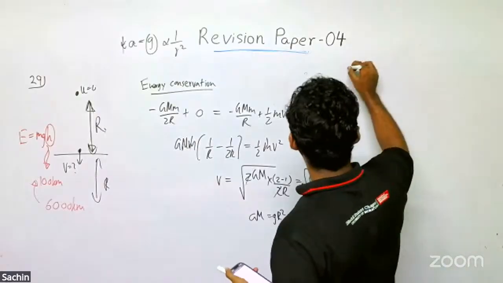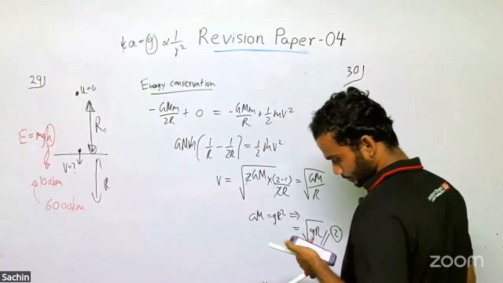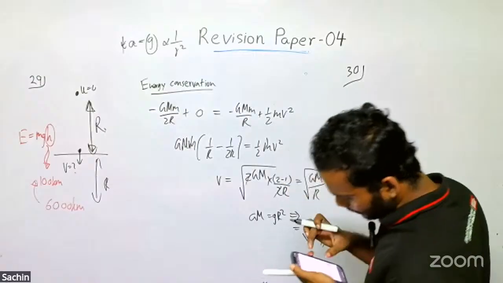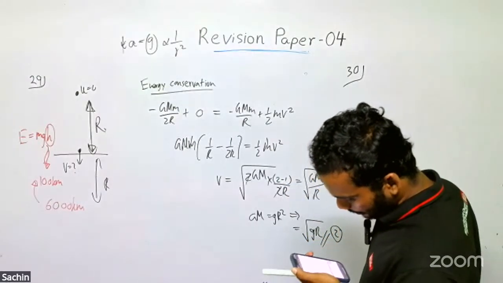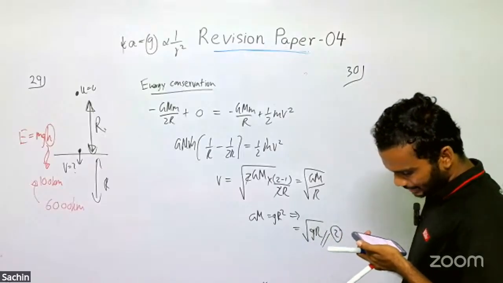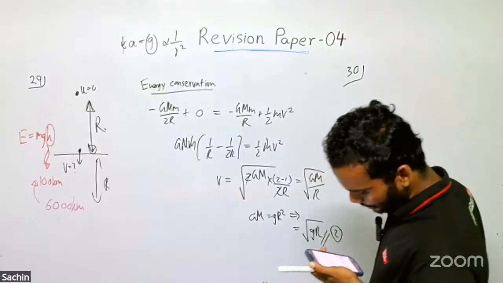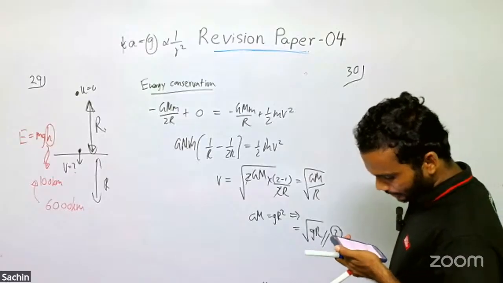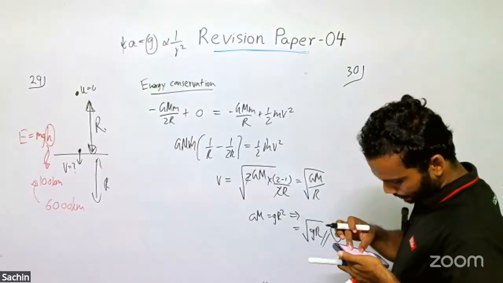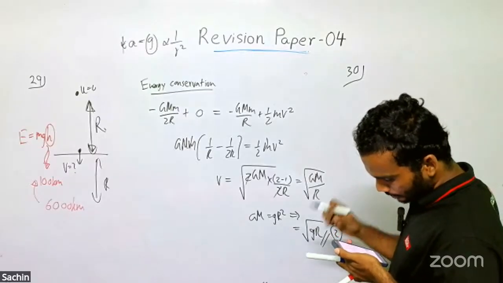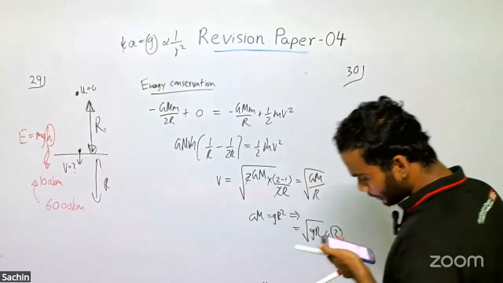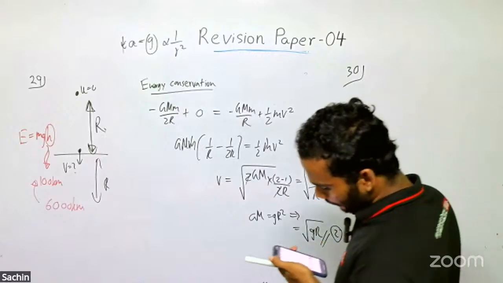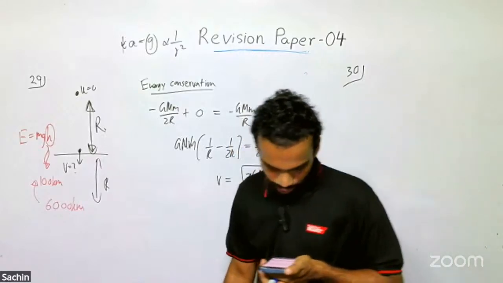And then the 30th one. As shown in the figure, a fireball displayer of a procession moves the fireball on a horizontal circular path of radius r1 with uniform angular velocity omega 1.